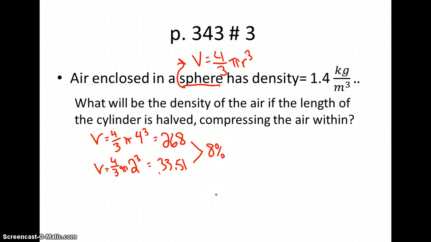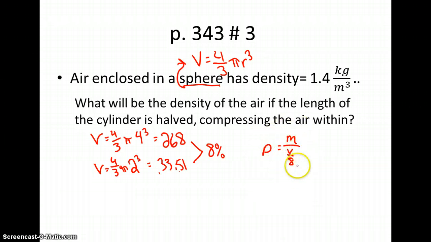And so I can divide by 8, and I should get this number. So when I bring that over to my density formula, I get density equals mass divided by volume divided by 8. And so this is my new transformation of how this is going to affect this.